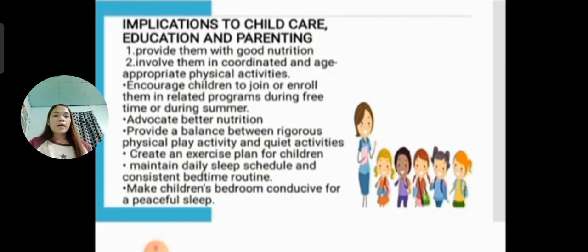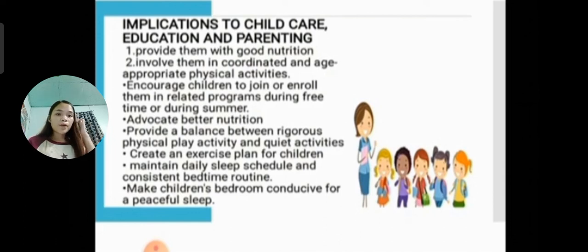So, implications to child care, education, and parenting. Number one, provide them with good nutrition. And number two, involve them in coordinated and age-appropriate physical activities. And encourage children to join or enroll them in related programs during free time or during summer.